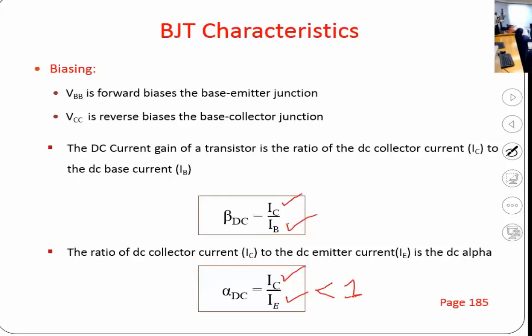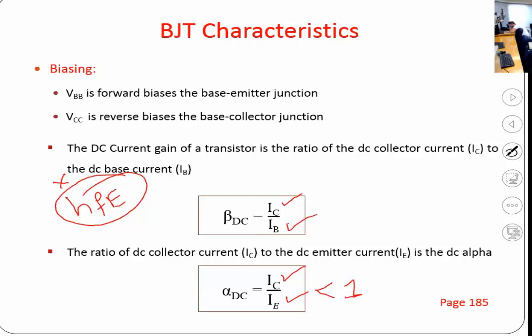Beta DC is usually on the order of 50, 60, 70, 100, 200, depending on the type of transistor and the manufacturer. On the data sheet, it's usually referred to as the HFE parameter, but we don't really talk about that in this course.